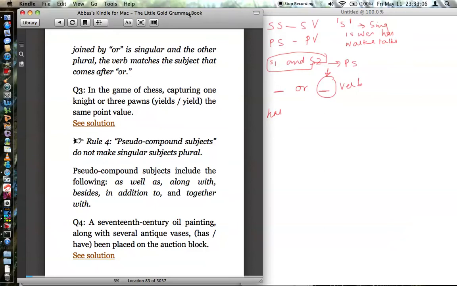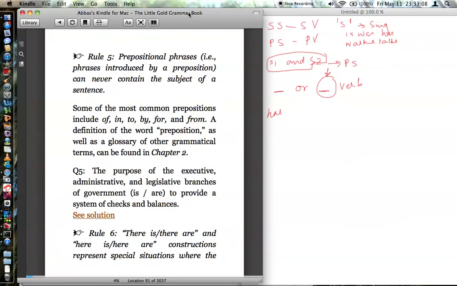Okay, next rule, prepositional phrases. So you know prepositions are into, by, for, from. These are relationship words, as we saw in the video on passive speech. So the noun which is part of the prepositional phrase is not important as the subject.